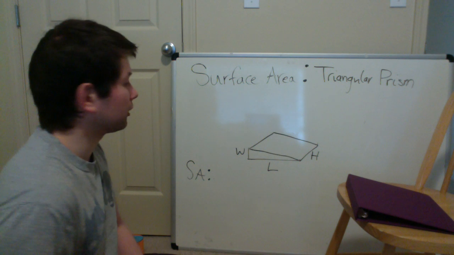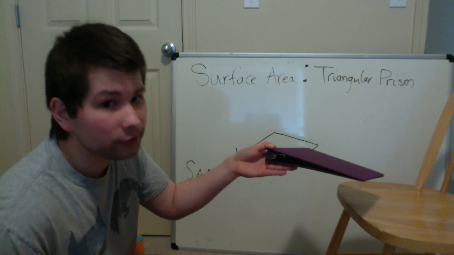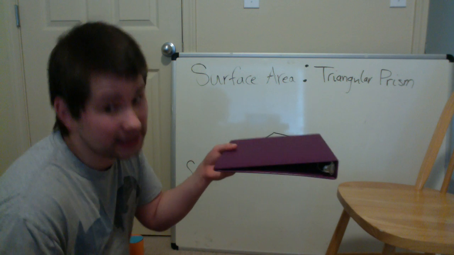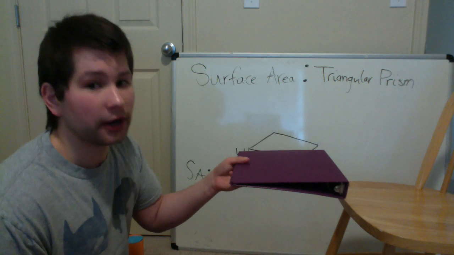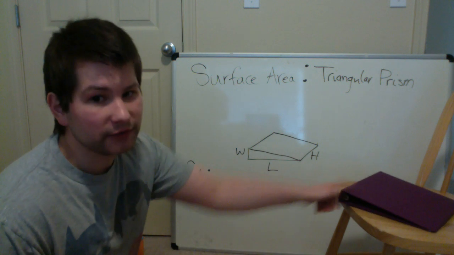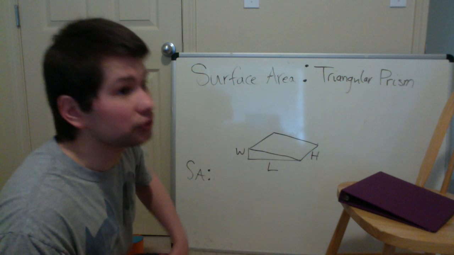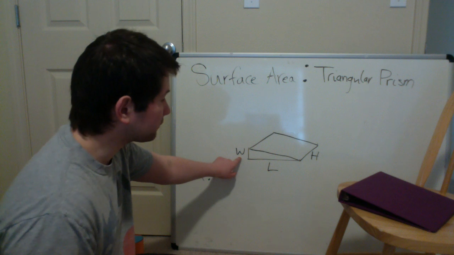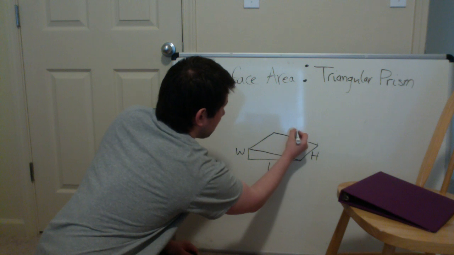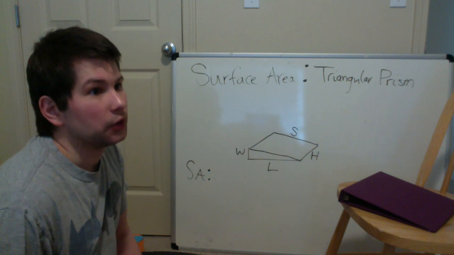Let's do the base of this figure, which is a triangle. How do I know that's the base figure? Well, because if I go to the other side of the figure, it's the exact same shape. Therefore, the triangle must be the base of this three-dimensional figure. How do you calculate the area of a triangle? Take a look at this diagram for the dimensions I've named here: width, length, height, and let's put S on that side for slanted or side.